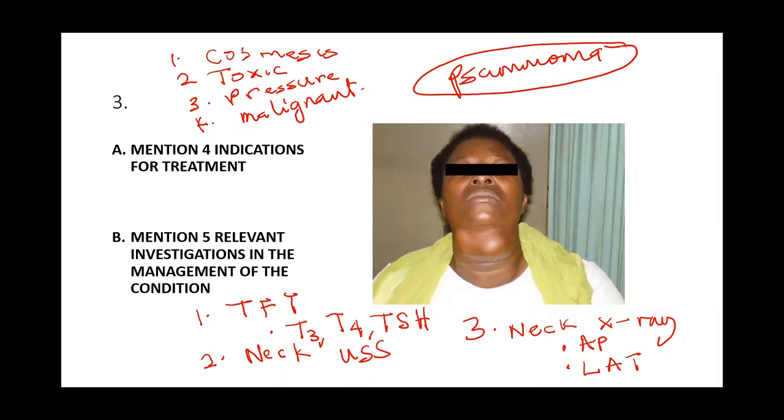You might also see a coarse calcification. Coarse calcification represents a long-standing goiter. Is it clear? Now, why does coarse calcification represent long-standing goiter?